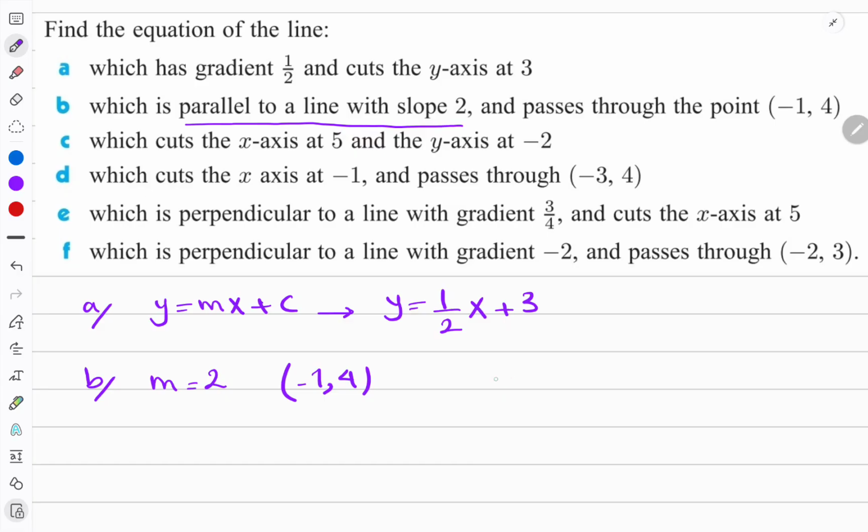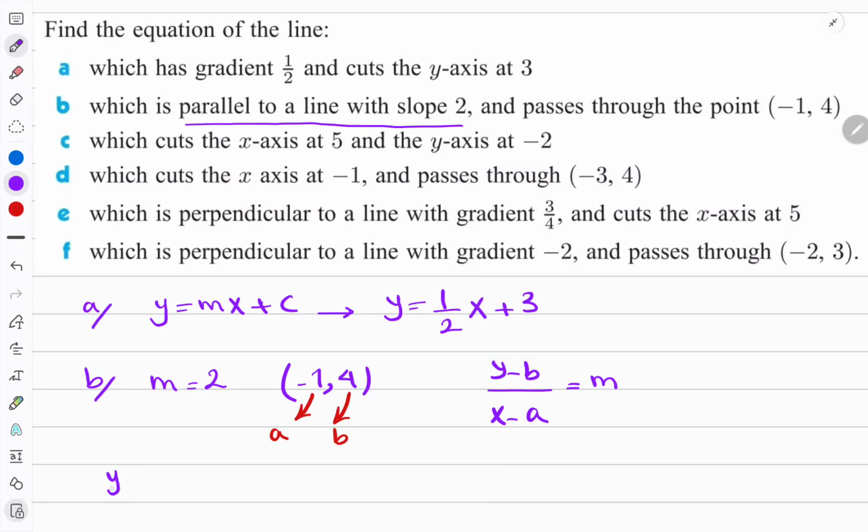So according to this formula, y minus b over x minus a equals m, we can write the equation. Here a is -1 and b is 4, and I just need to substitute a and b in this equation.